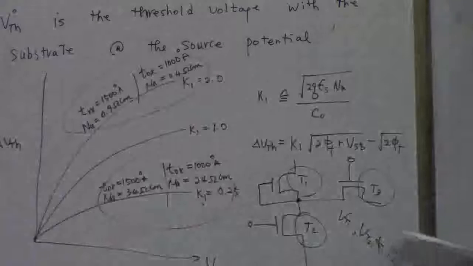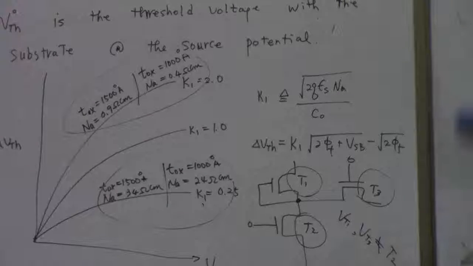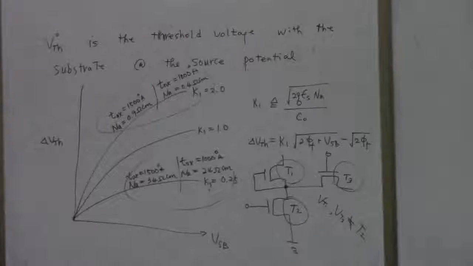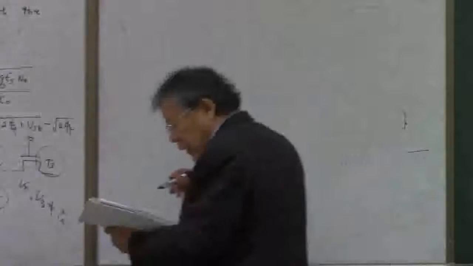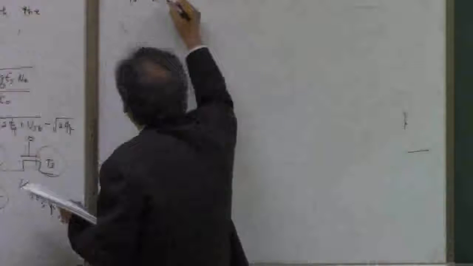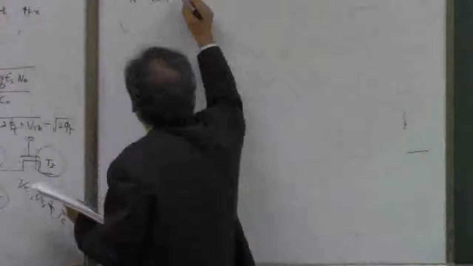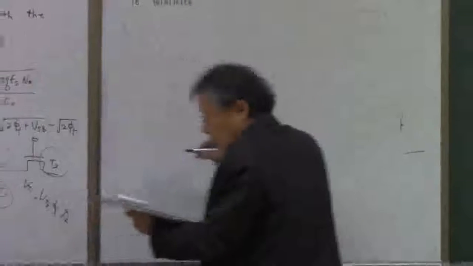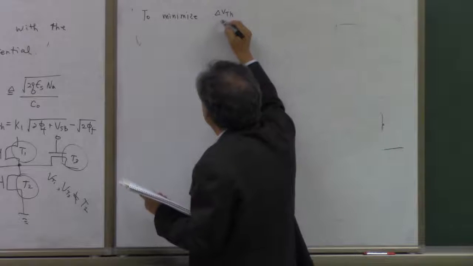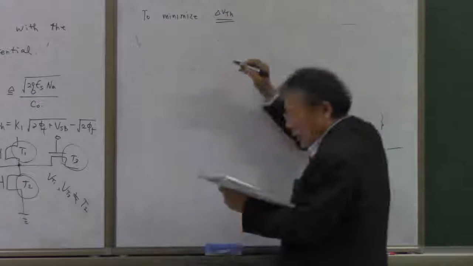So that means you want to have a high resistivity substrate, and you want to keep the oxide thickness as thin as possible. In other words, to minimize the delta VTH values, okay?